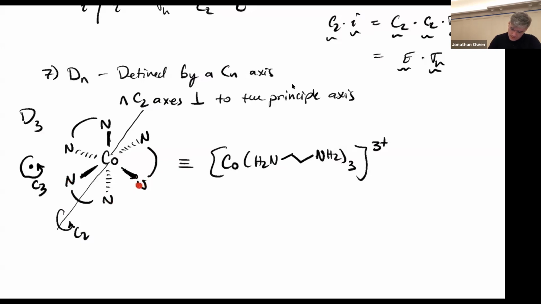And it sends this nitrogen on top all the way over to this side on bottom. This guy becomes this guy. So this is like a 3-fold propeller, right? And it sends one propeller leaf to the other propeller leaf's position. And then it just rotates this propeller from top to bottom. And there are 3 of those. Okay, so the highest order axis in this molecule is the 3-fold axis. That is the principal axis.